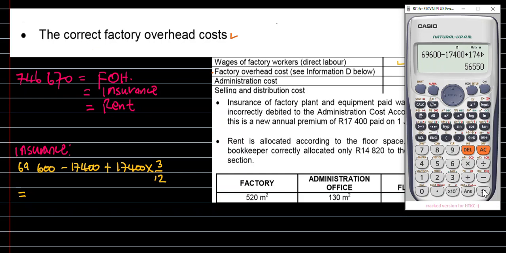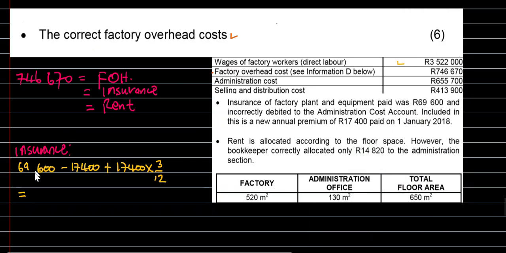Then it will give us 56,550. So our amount there is 56,550. This is the amount of the insurance. Let's put our insurance amount there, 56,550. Then let's go to our rent amount down.